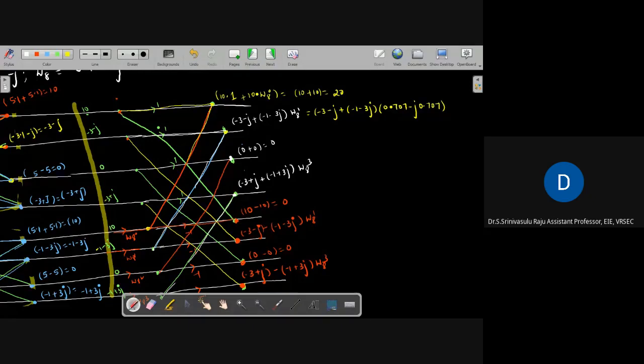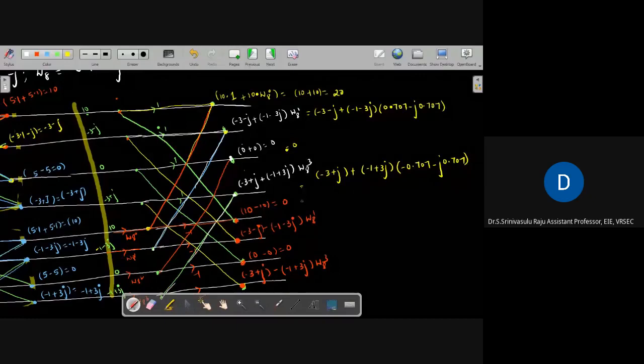We already arrived at this W8 of 1 value, and this is 0. Here -3 plus j plus (-1 plus 3j) multiply with W8 of 3. We know the value, -0.707 minus j0.707. So this is the value of this one.